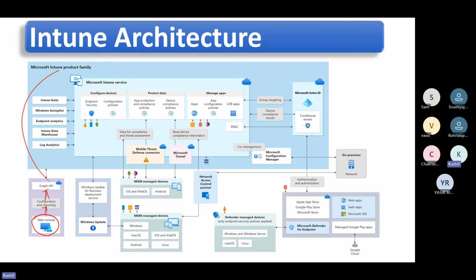From Graph API, the information is passed on to Microsoft Intune services in the backend. It depends on your requirement: either you configure devices, protect data, or manage applications. So Graph API is a communication bridge between you and Intune services in the backend.